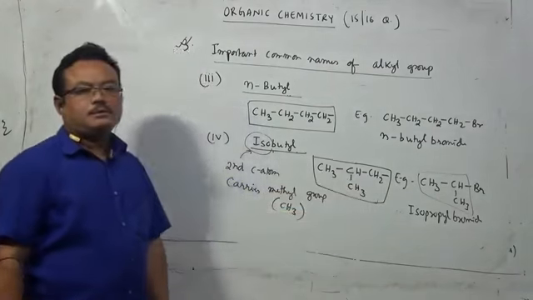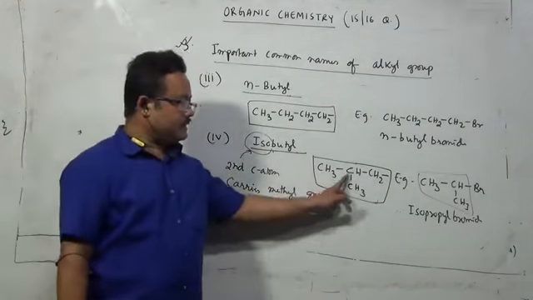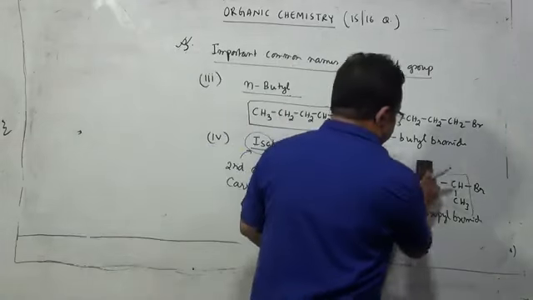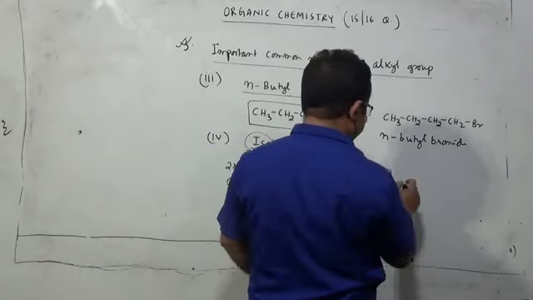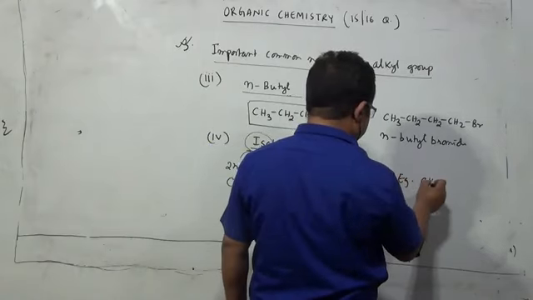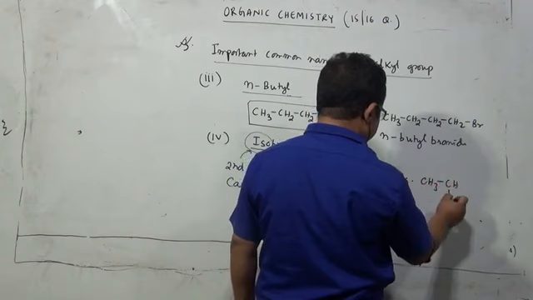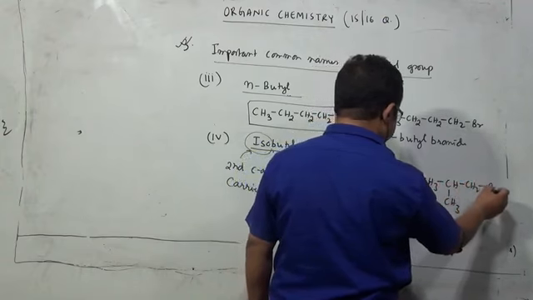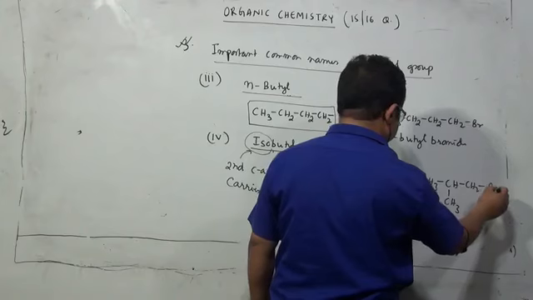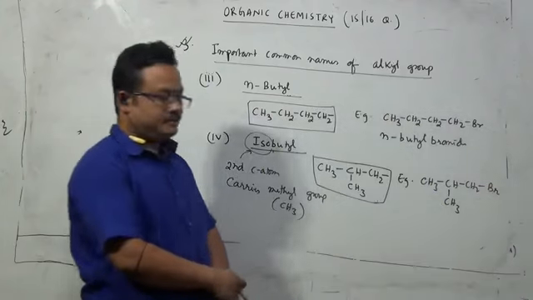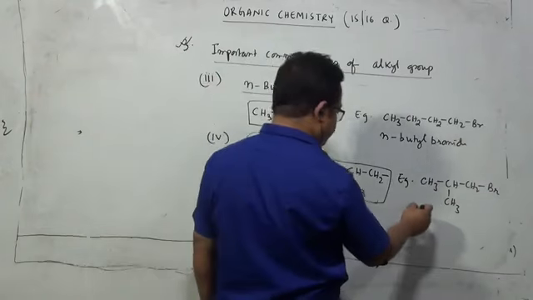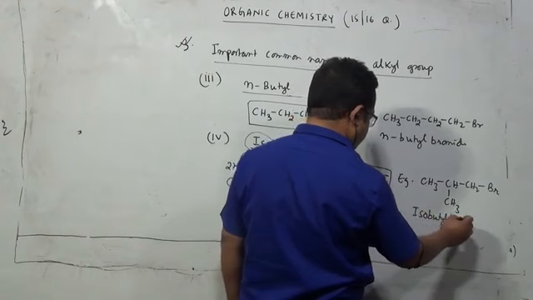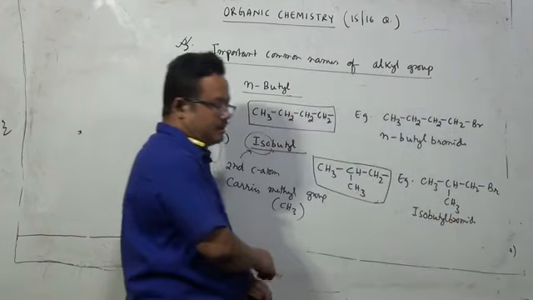Iso means the second carbon carries a methyl group. This is isobutyl bromide.